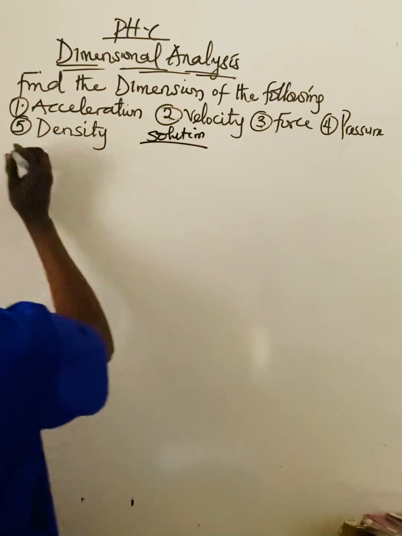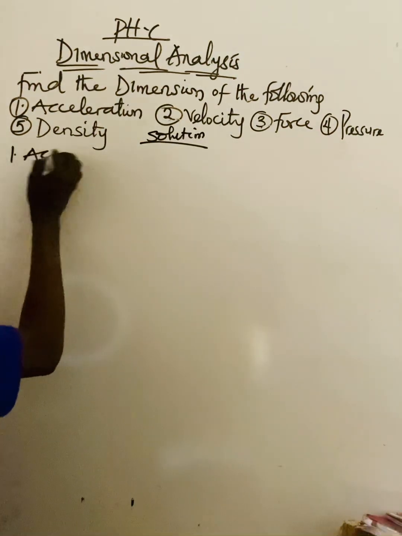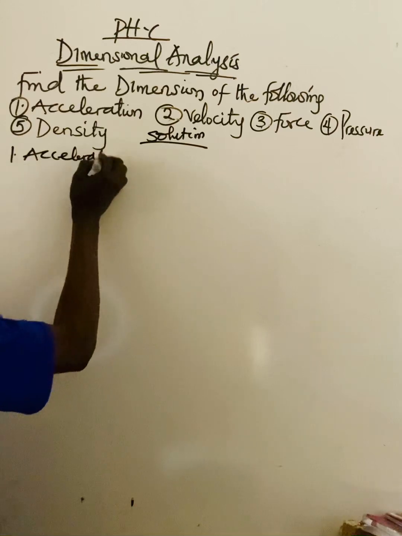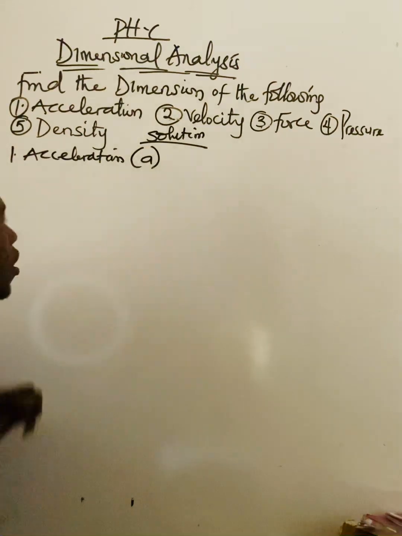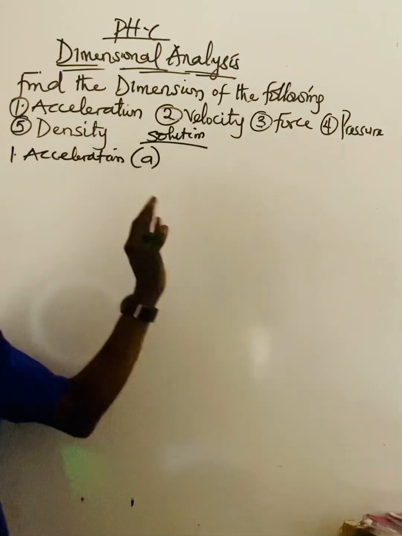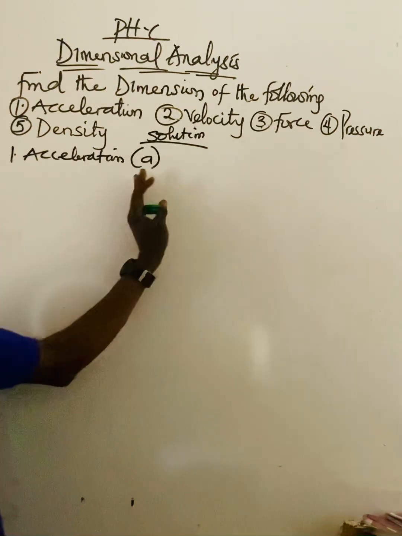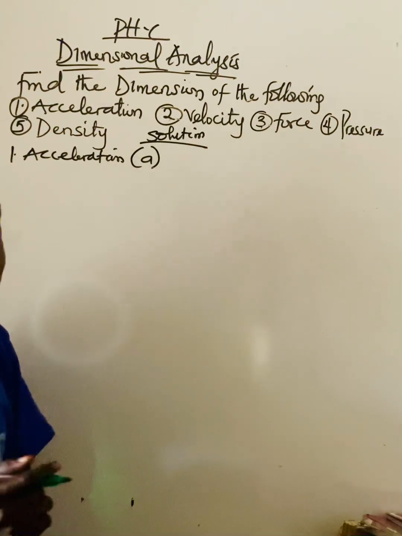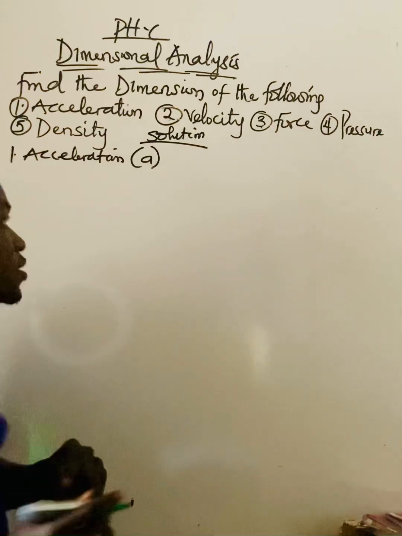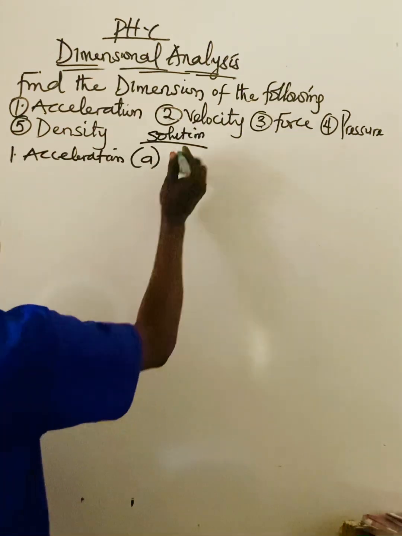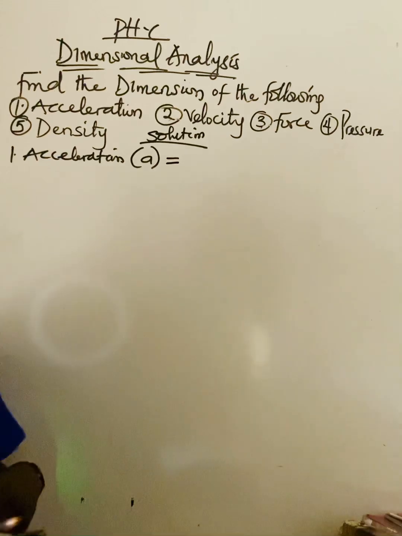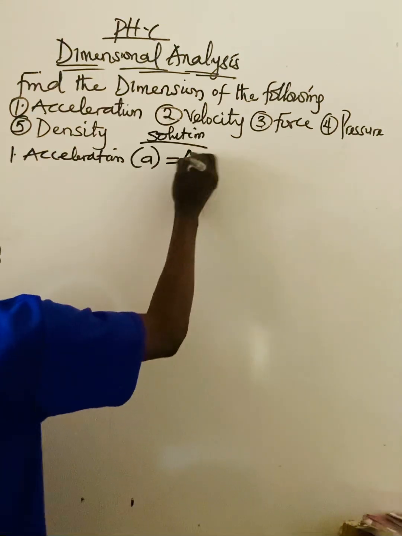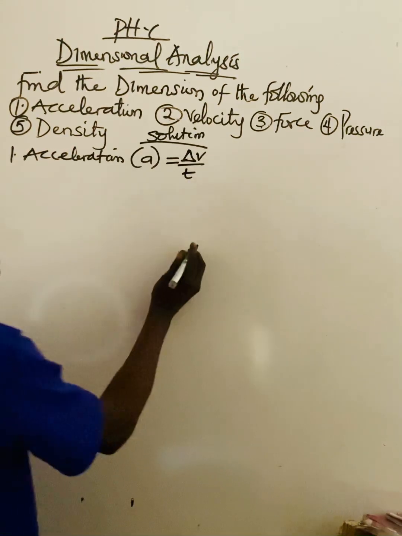So let's start with number one, which is acceleration. Acceleration, which is denoted as small letter a. Before we can solve the dimension of acceleration, we must know the formula and the unit, which is expressed as change in velocity over time taken.